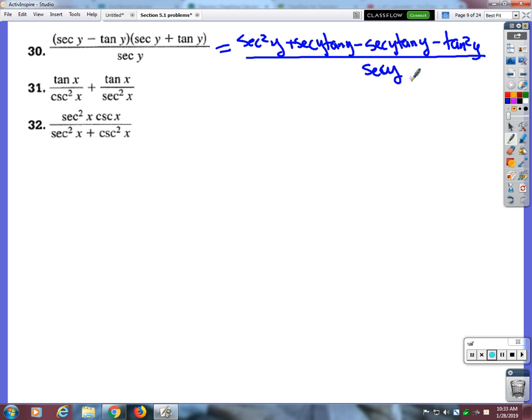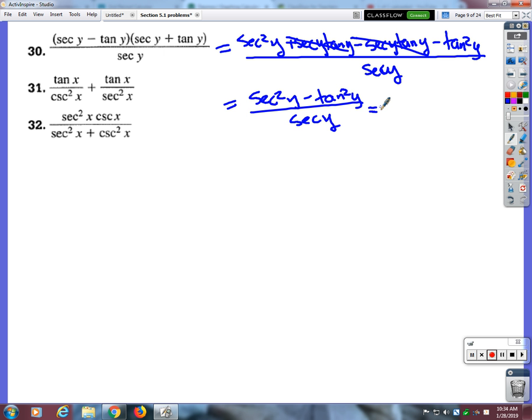So secant tangent minus secant tangent, those cancel. And then I'm left with secant squared minus tangent squared over secant. Now I've got some squareds in there, and that's a clue that I want to use one of these Pythagorean identities.